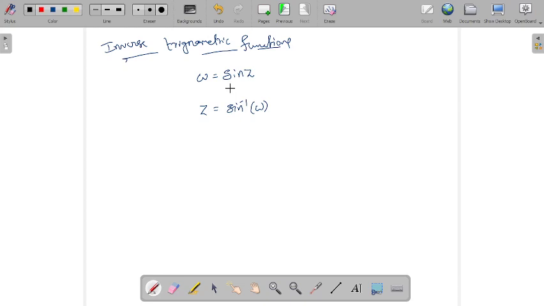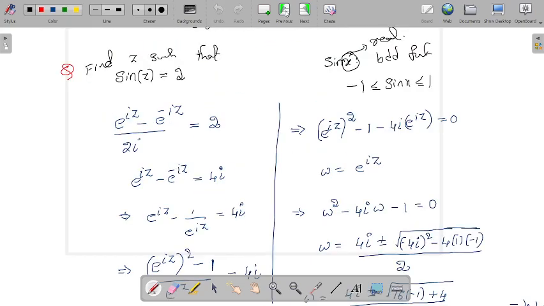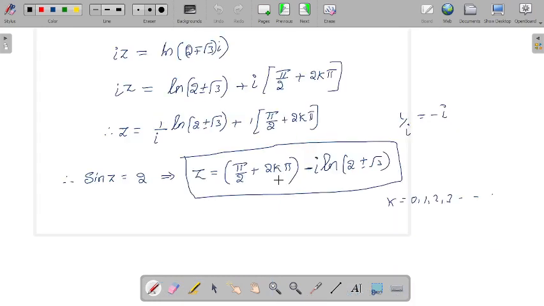For example, we saw the pre-images of 2, that is sin z equal to 2, the solutions of sin z equal to 2. It has infinitely many solutions. The presence of k gives us infinitely many solutions, right? But if you want to discuss inverse, then you make a restriction here, so that it becomes 1-1 and onto.